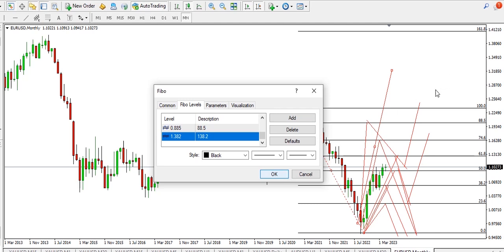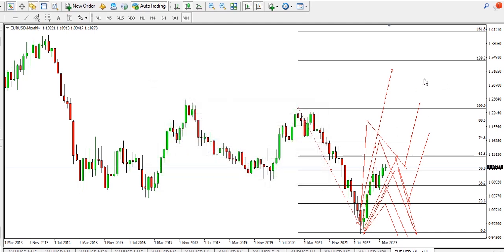That's going to appear now. 138.2 could be your take profit one. If you place your trade entry here, you buy here at the break of structure, you can target 138.2 as TP1. You can target 161.8 as your TP2.